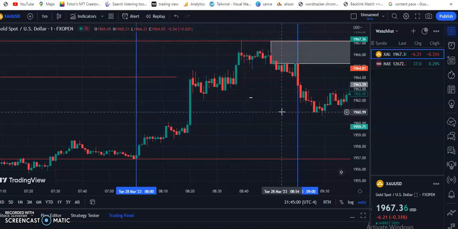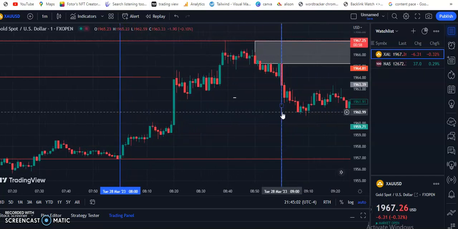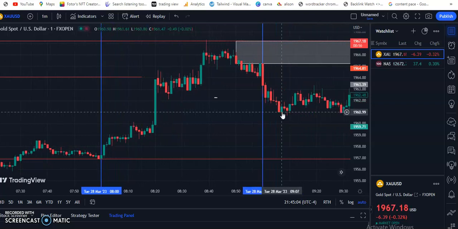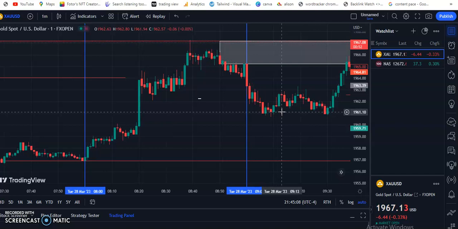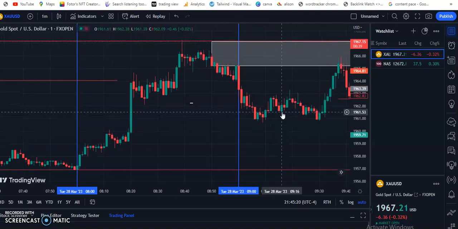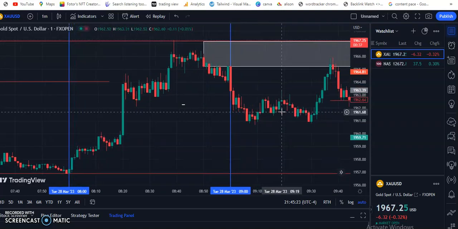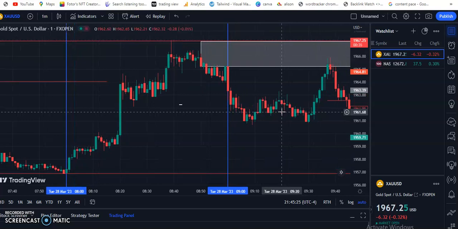So how the market continued, and at 9:30 the market started pumping higher. Now keep in mind, we are trading the most recent data. Okay? Now the market continued pumping higher and then broke structure.